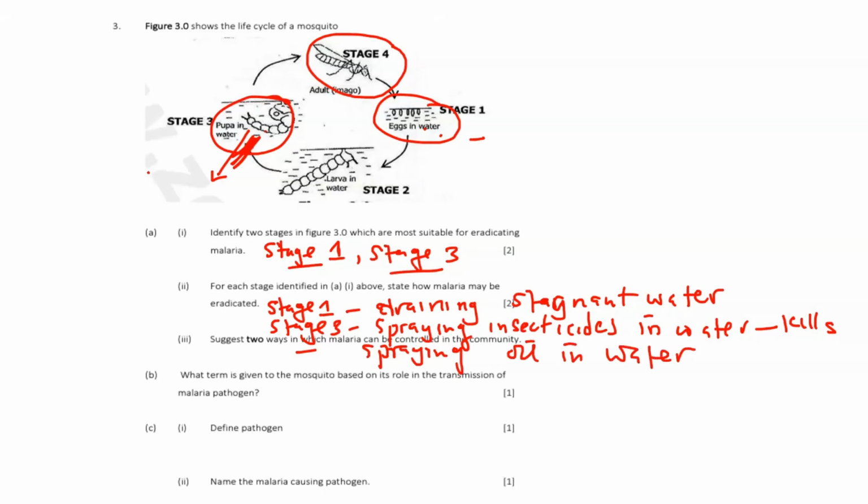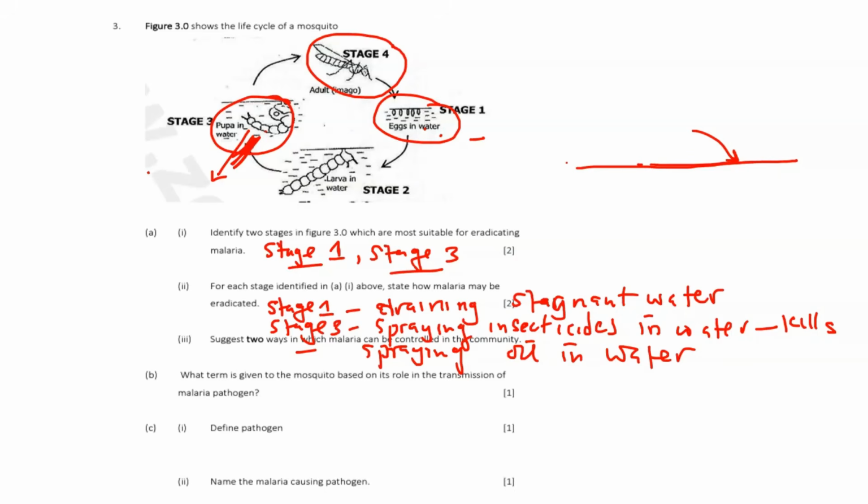Now, you know that oil floats on water, so it will form a layer on top there. And of course, there will be no diffusion of oxygen into water, and that will cause suffocation to these stages, and as a result, they will not survive. It will kill the larval stage and of course the pupal stage here.